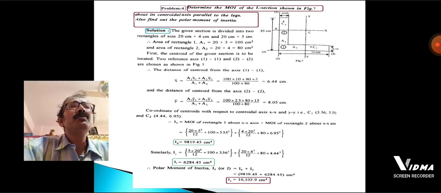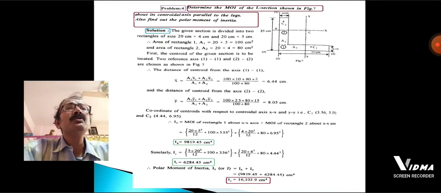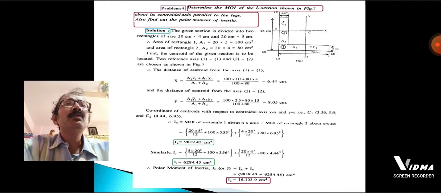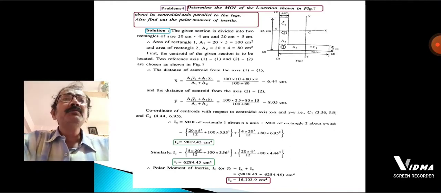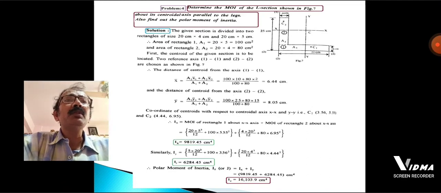First you have to divide the total area into two sectors, sector 1 and sector 2. The lowermost beam is sector 1, and the vertical portion is sector 2. After dividing into the two parts, the value of x bar should be 6.44 and y bar should be 8.05 centimeter.